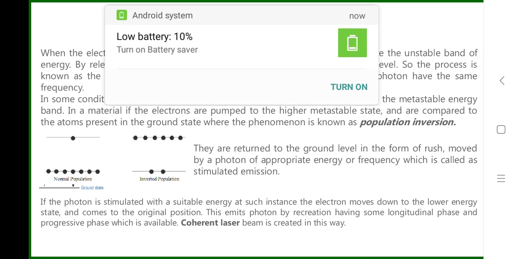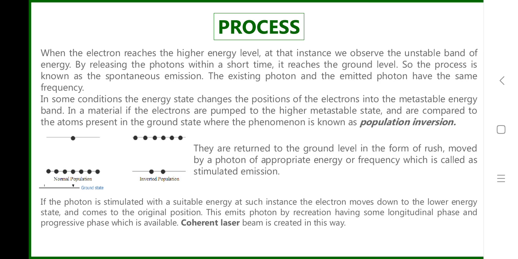And when the electron reaches the high energy level, at that instant we observe an unstable band of energy. By releasing photons within a short time, it reaches the ground level. So the process is known as spontaneous emission.